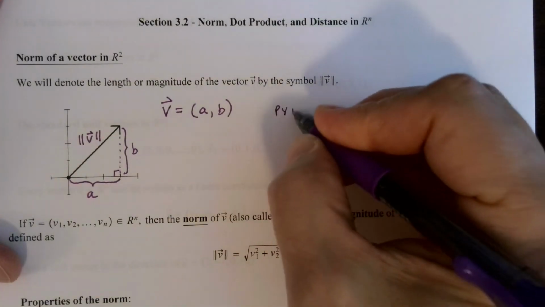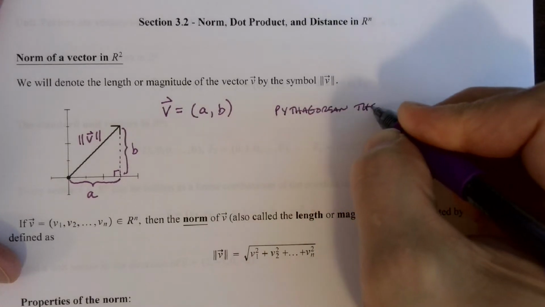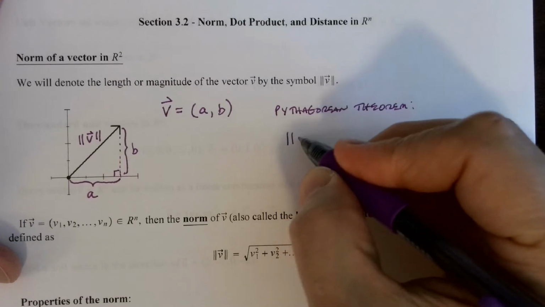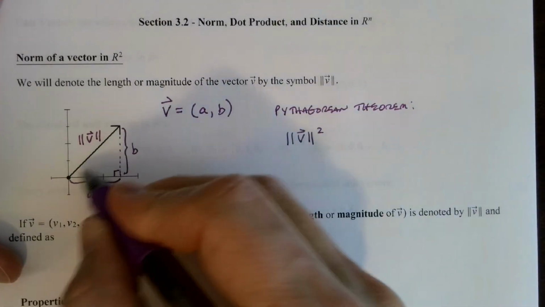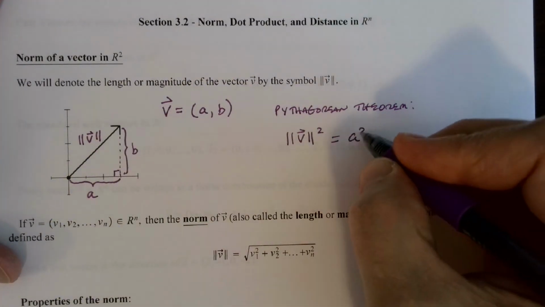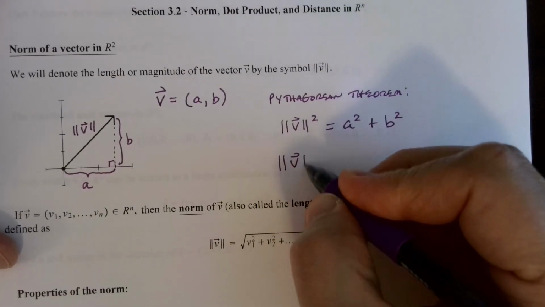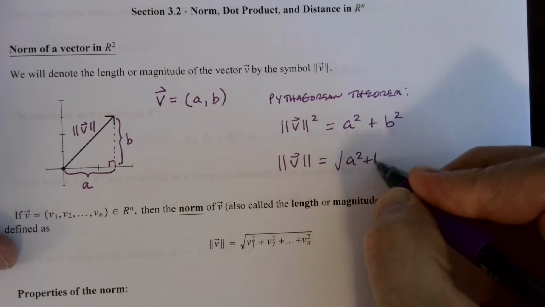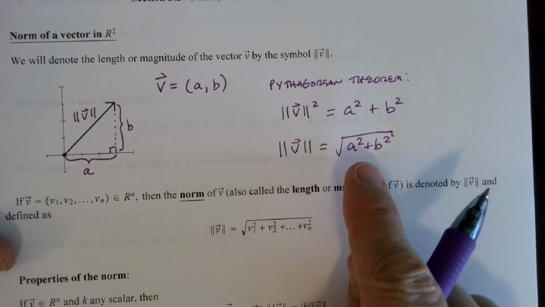The Pythagorean theorem tells us that the magnitude squared, this length here, which is also called the hypotenuse in this right triangle, is equal to the sum of the squares of the remaining 2 sides. And so I can solve for the norm, well, the magnitude, which we'll call the norm in a minute, by taking the square root.